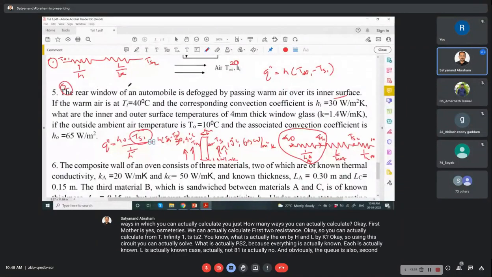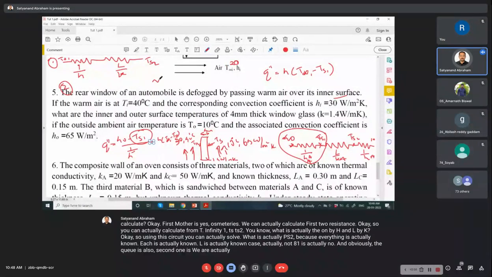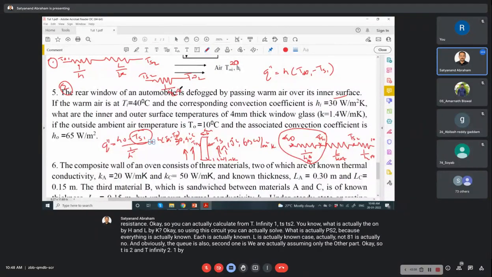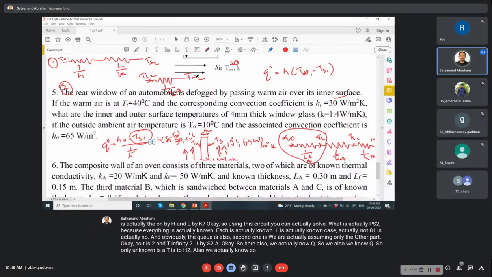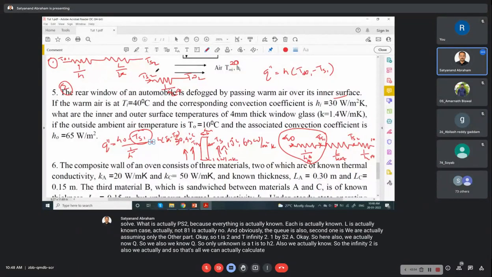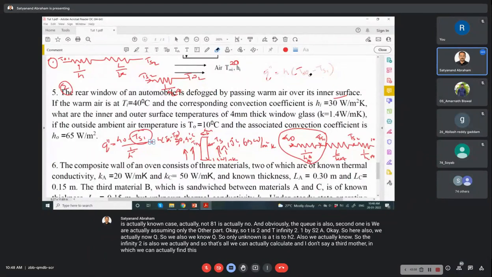The second one is to consider only the other part: Ts2 and T infinity 2, with 1 by h2 A. Here also we know Q, so the only unknown is Ts2. h2 and T infinity 2 are also known. That's how we can calculate. Can anyone say a third method to find Ts2?